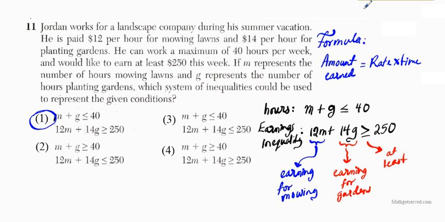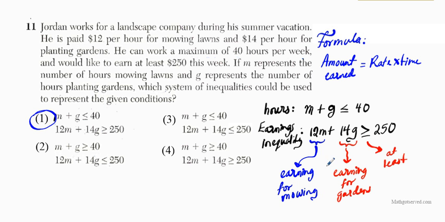For number 11, we're setting up a system of linear inequalities. We have constraints on the hours worked and the earnings. Okay, so they have to work a maximum of 40 hours. Maximum means it can't be greater. So we have less than or equal to for the hours equation. And then we are using the formula for earnings, amount earned, which is equal to rate times time to set up the earnings inequality.